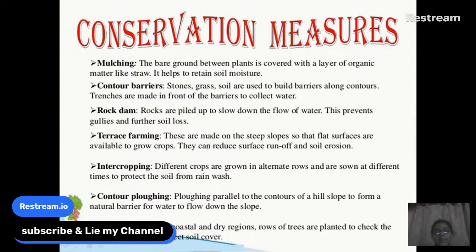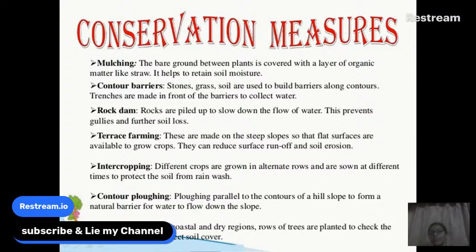In other words, these are made on steep slopes so that flat surfaces are available to grow crops. They can reduce the surface runoff and soil erosion.